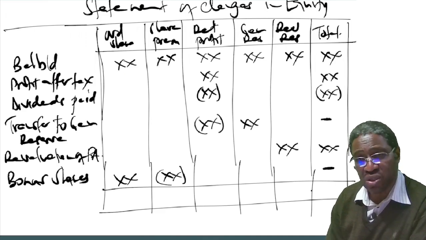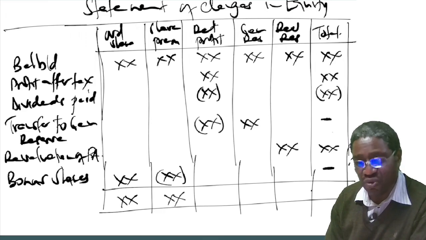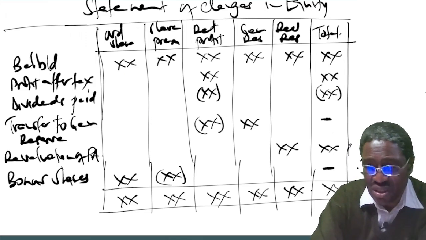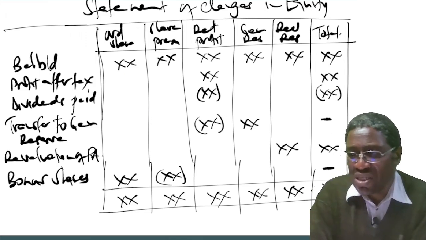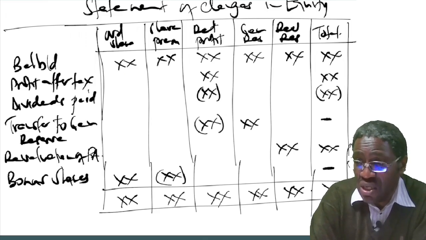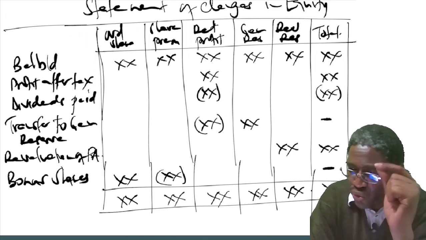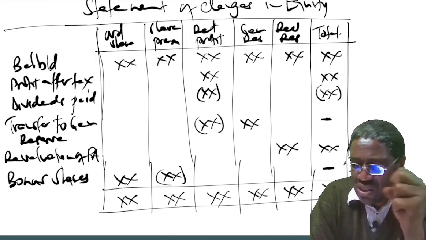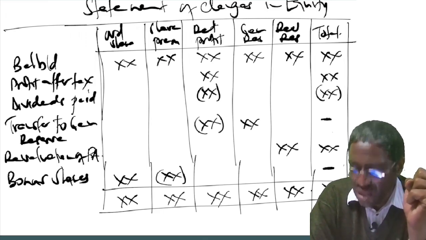Balance these columns: get the balance carried down for the ordinary share capital, the share premium, the retained profit, the general reserve, the revaluation, and the total equity. So in general, that's how we prepare a statement of changes in equity. That statement shows the movement in equity during the year.